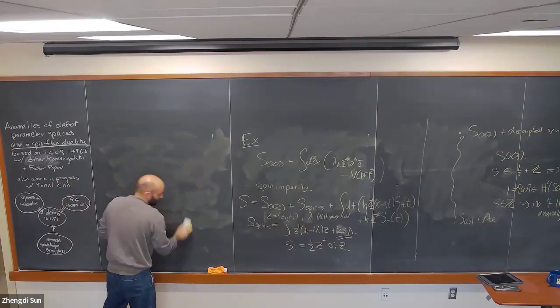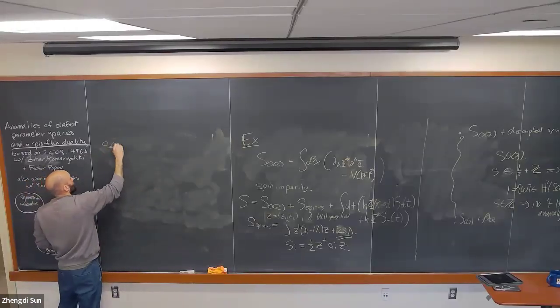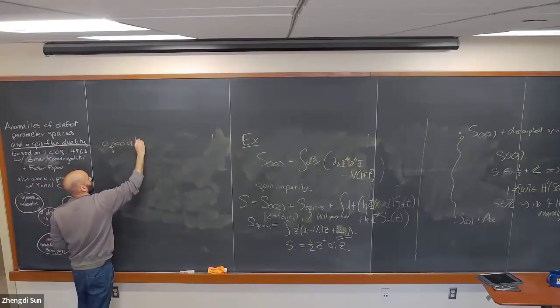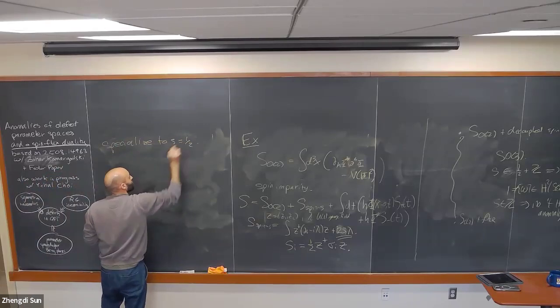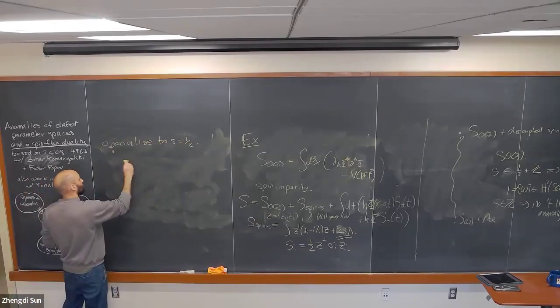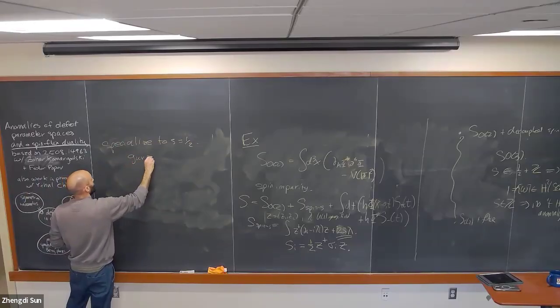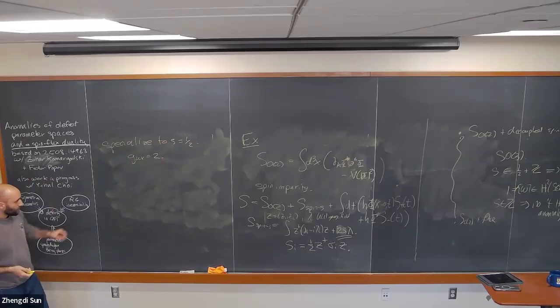And in the special case that S equals 1/2, then we can say a little bit more using the g theorem again. So when S equals 1/2, g_UV is equal to 2 because it's a decoupled topological quantum mechanics in the UV with two ground states.